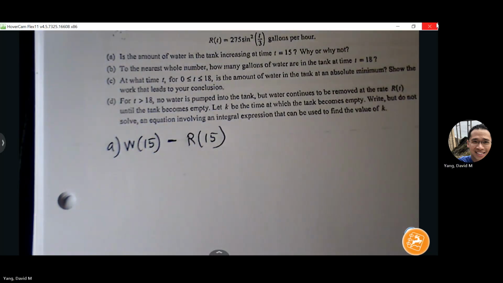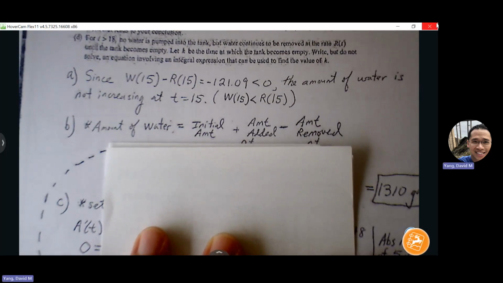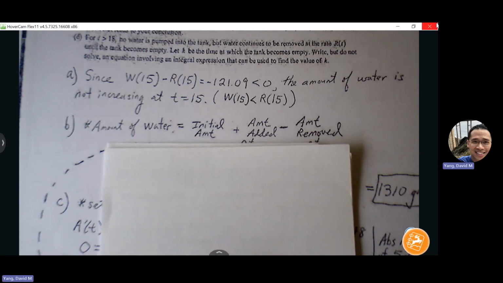So here we can say the amount of water at any moment in time is equal to the initial amount plus the amount added minus the amount removed. That's a good formula to know, especially when you recognize that it's a rate in, rate out problem.